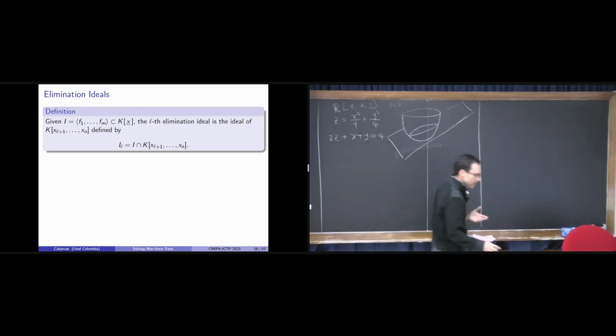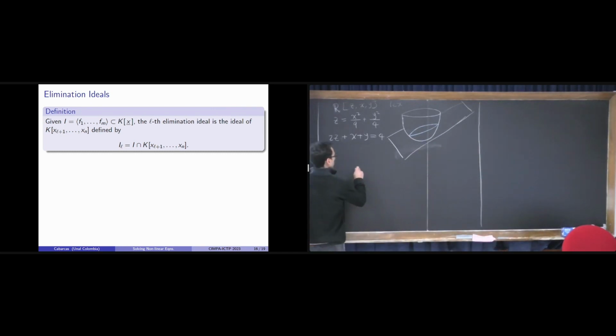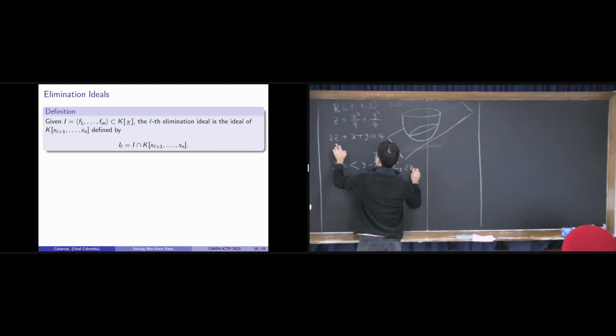So the ideal we're talking about here is the ideal generated by these two equations. I'm going to write them as polynomials. So I'm going to write them as z minus x squared over 9 minus y squared over 4, and 2z plus x plus y minus 4.